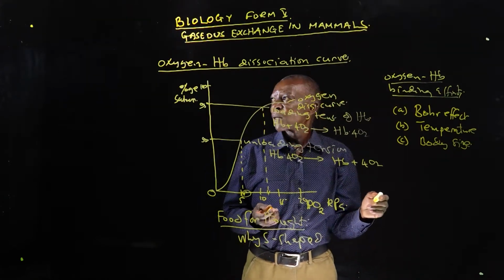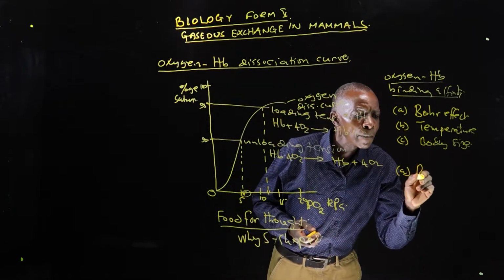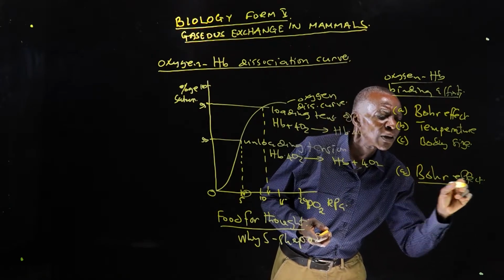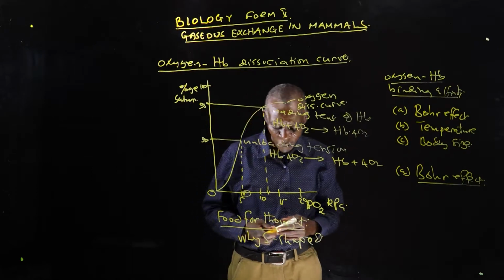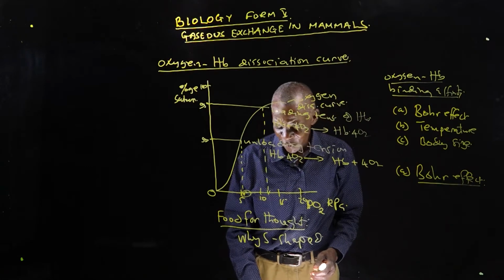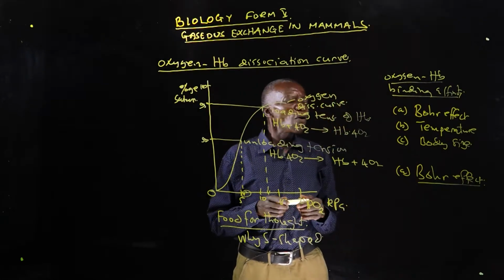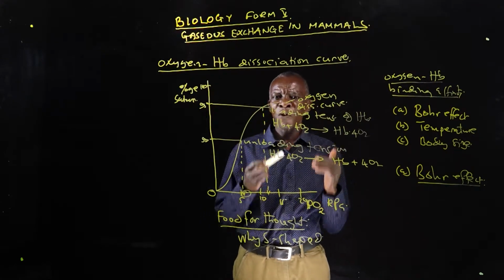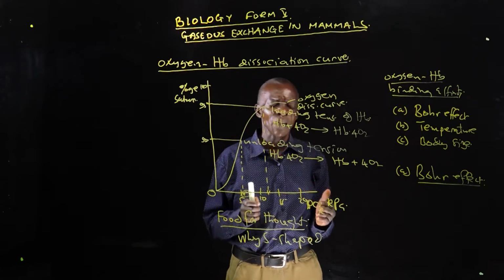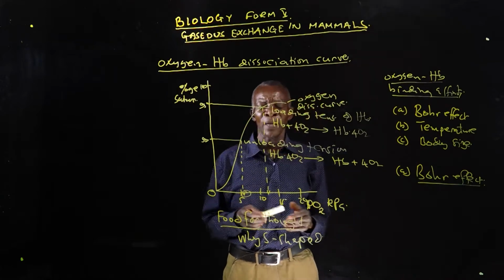So, to start with, let us look at the Bohr effect. We have seen that the affinity of hemoglobin for oxygen decreases with an increase in the partial pressure, with an increase in tension, with an increase in the concentration of carbon dioxide.